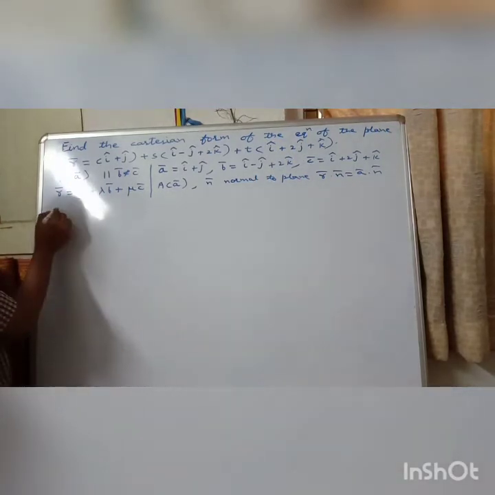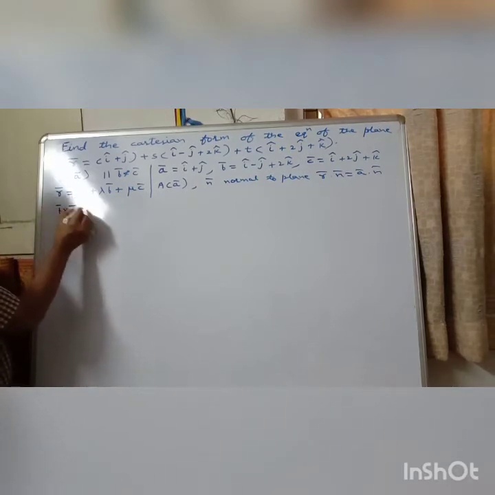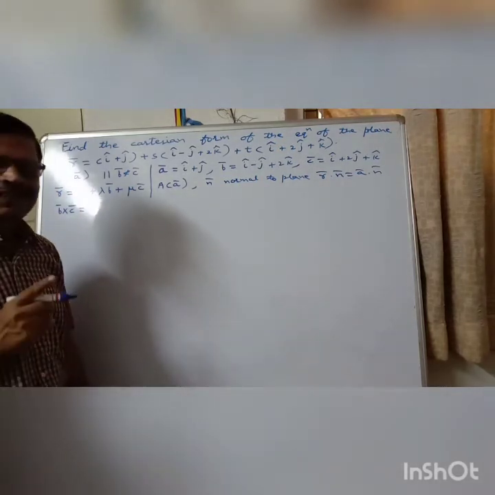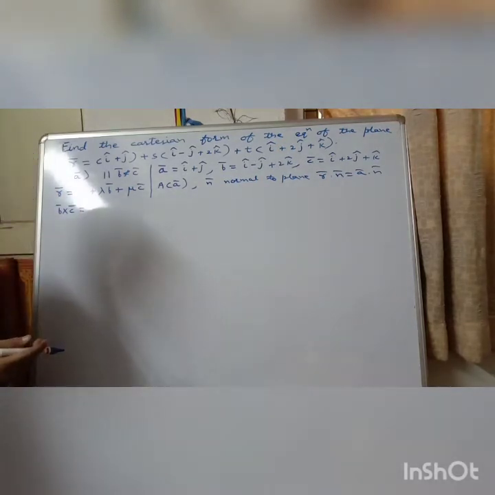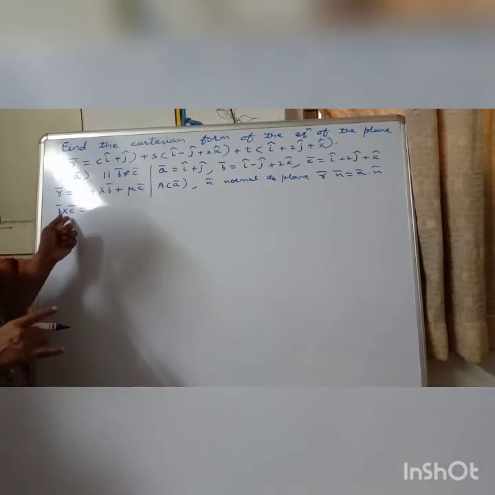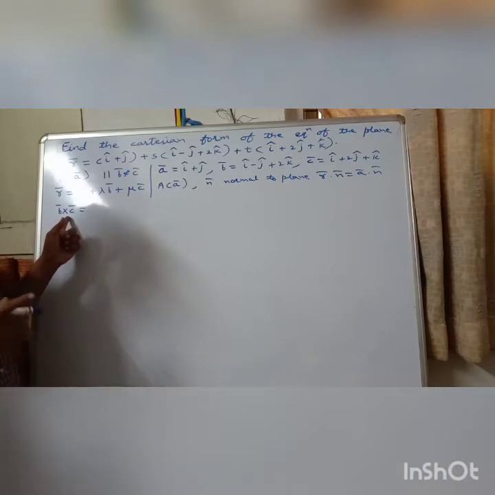Find cross product of two vectors. Cross product of two vectors is a vector quantity and it is perpendicular to B bar and C bar both. But B bar and C bar, they are parallel to the given plane. Means B bar cross C bar, it is perpendicular to the plane.